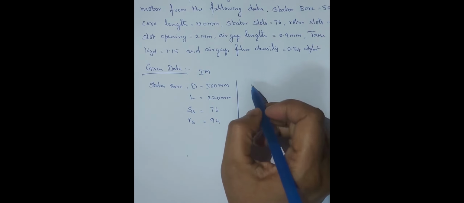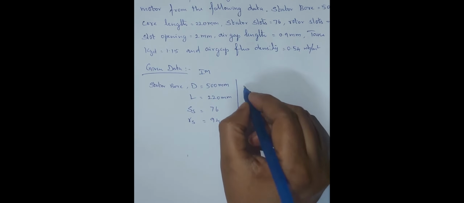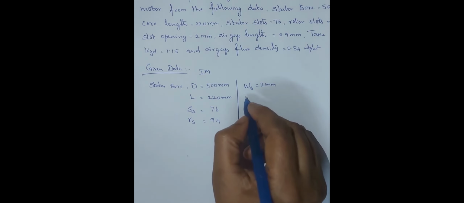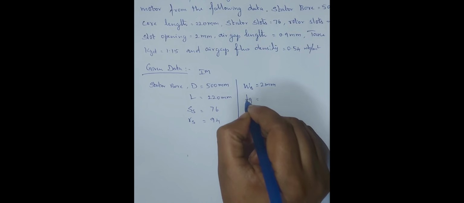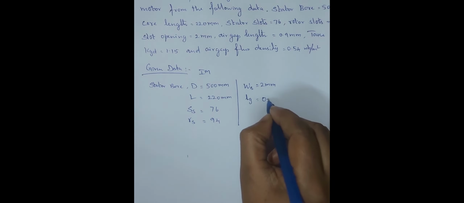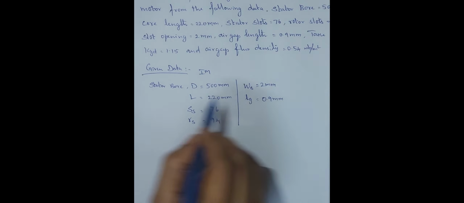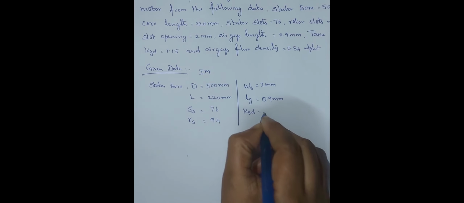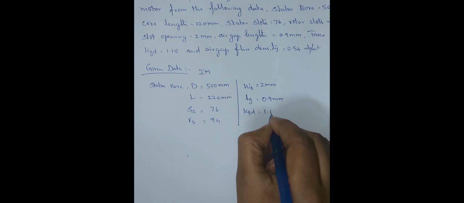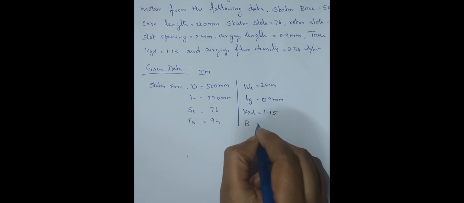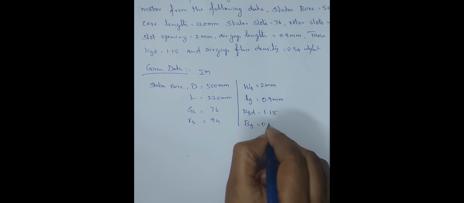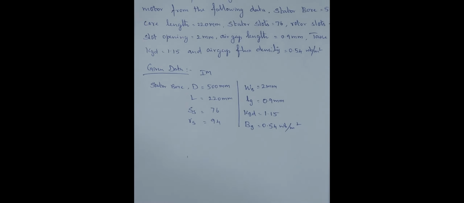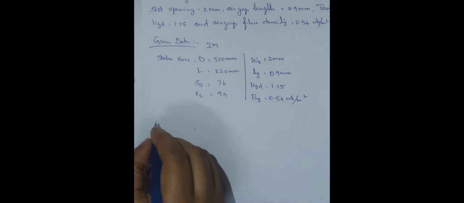I told you slot opening and width of the slot are the same, so WS is equal to 2 mm. Then the length of the air gap, small Lg, is 0.9 mm. The beauty is that everything is given in mm. Then Kgd is given in the problem itself as 1.15, and the flux density Bg is 0.54 Weber per meter square.